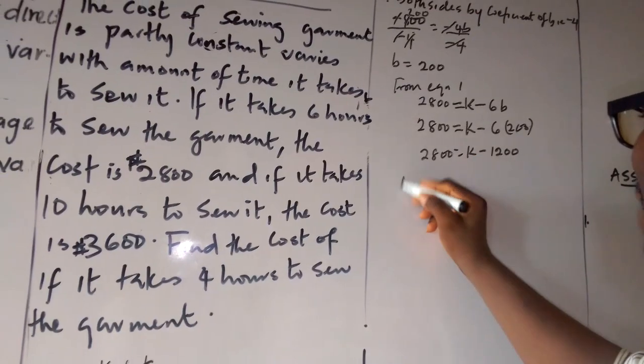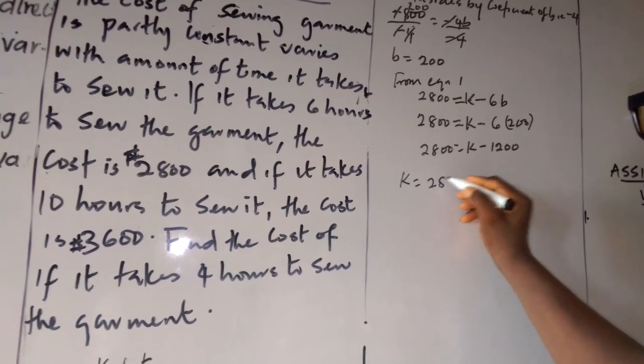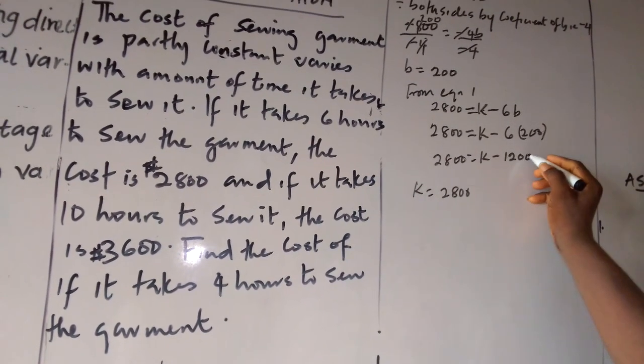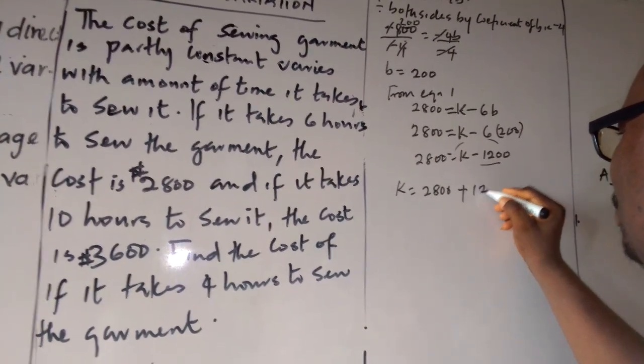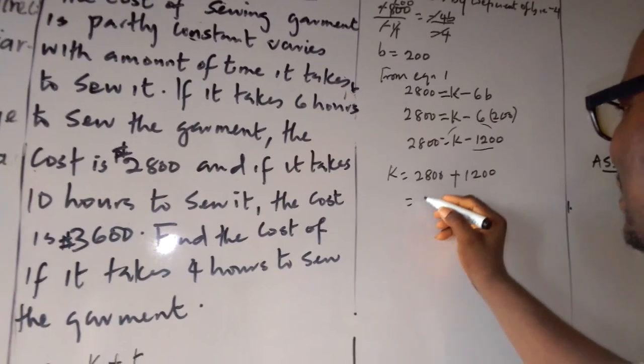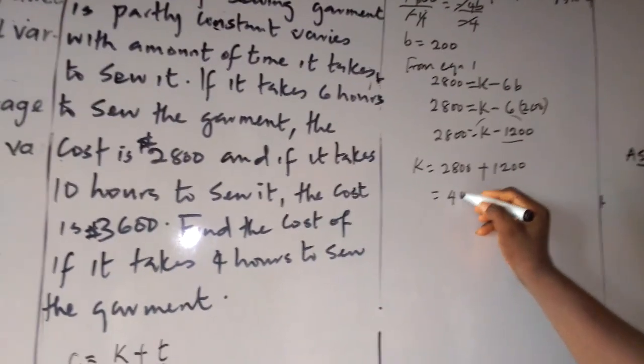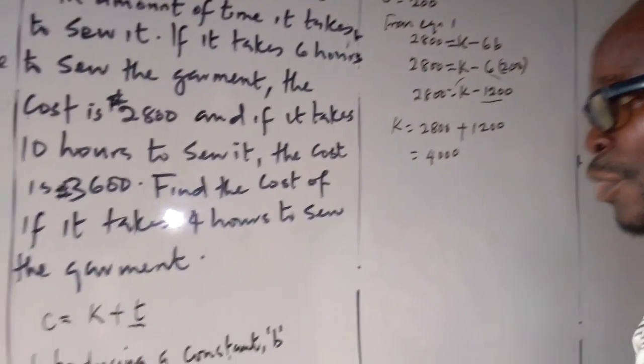So what do I do? My K will now be equal to 2,800 minus 1,200. That makes it 1,600. Now let's go to the question proper.